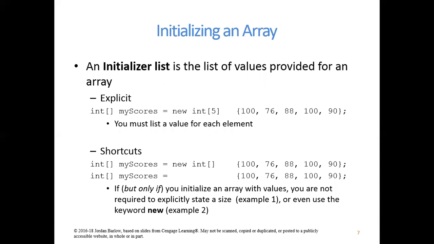You can do those if you're comfortable with creating an array, but I'm just, in my examples, going to use the explicit way to initialize an array, which is to have the data type followed by brackets, followed by the array name. Then you use the new keyword. I repeat the data type, and then in brackets, put the number of elements in that array. And then in curly braces, you put a list separated by commas of the values that you want to have in that array.